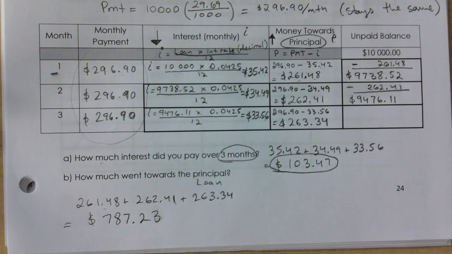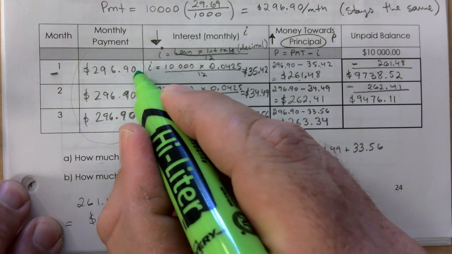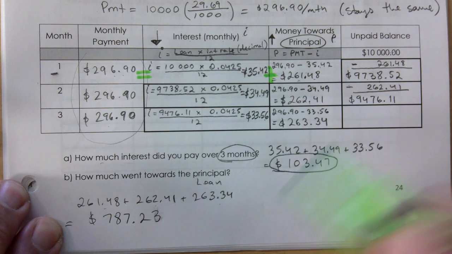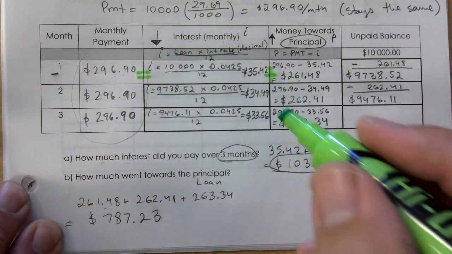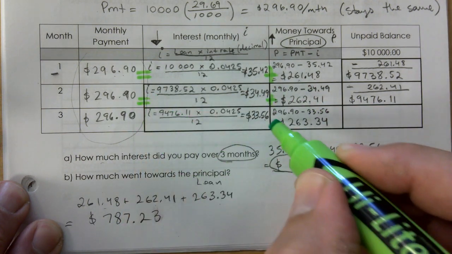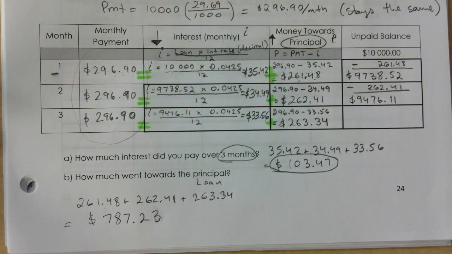Can you do another thing? If you have a highlighter, I like this on the background, knowing that if you add up these two, you always get the payment, right? If you add up these two cells, you get the payment. So you're basically breaking down the payment, right?